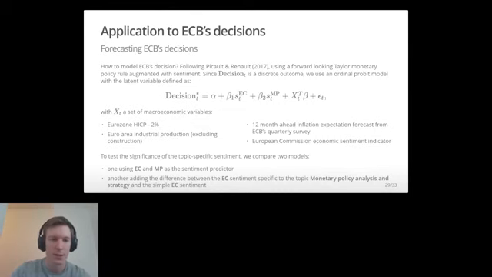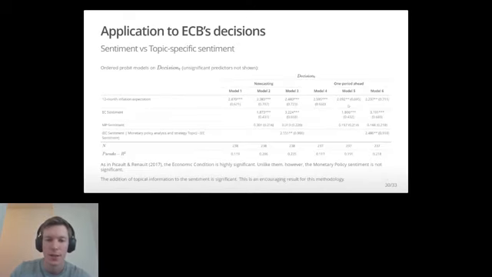So that's the result of this aggregation for nowcasting the decision of the ECB and one-period-ahead prediction. What is interesting is that, of course, the sentiment analysis improves the forecasting ability of the ECB's decision.